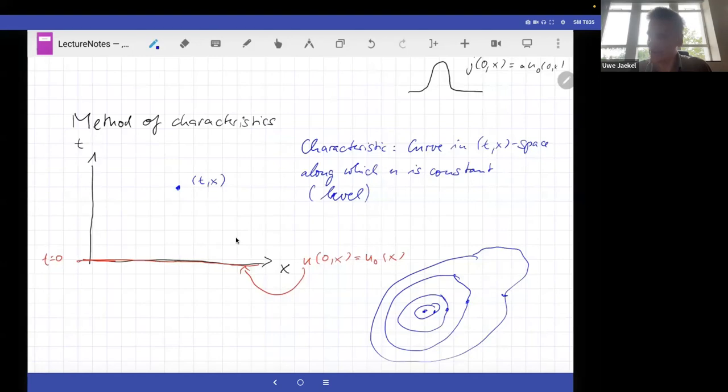Okay, and we do a similar thing. The idea here is we have a characteristic, so along this curve, that's a characteristic. Along this curve the function is constant, so u on this curve equals a constant.